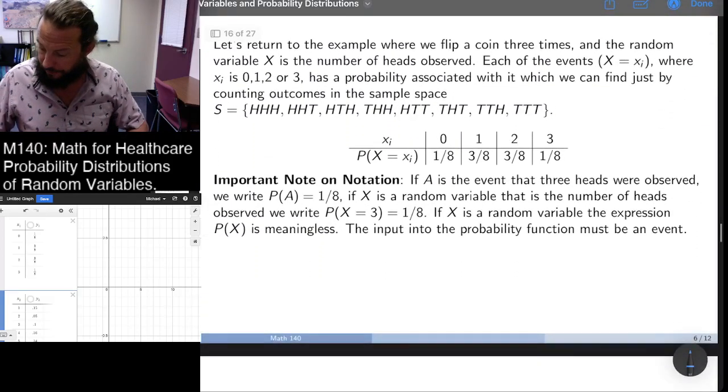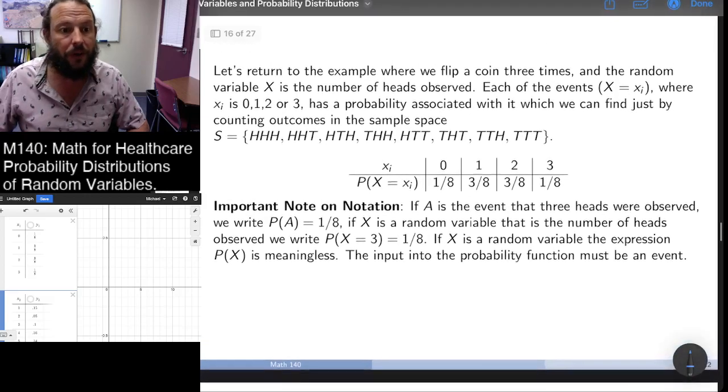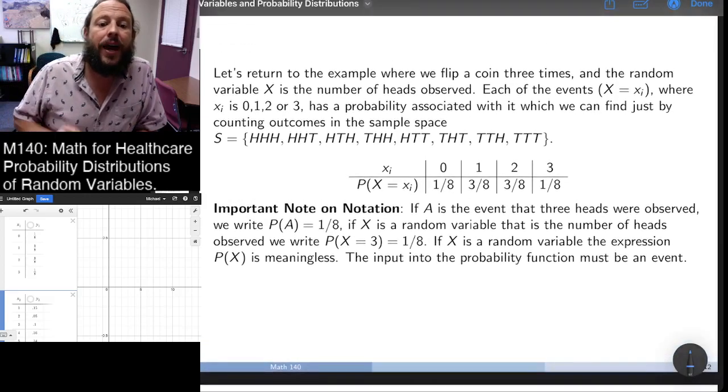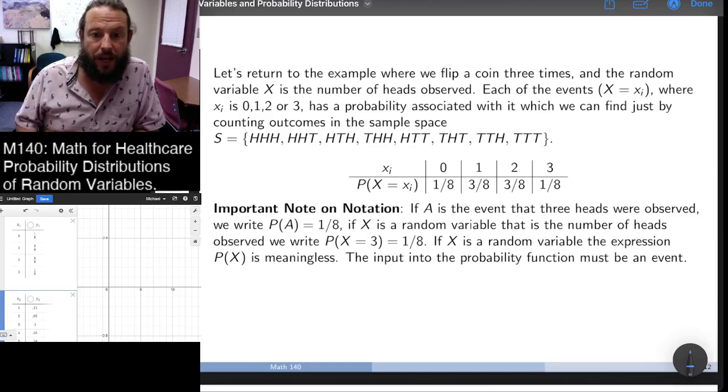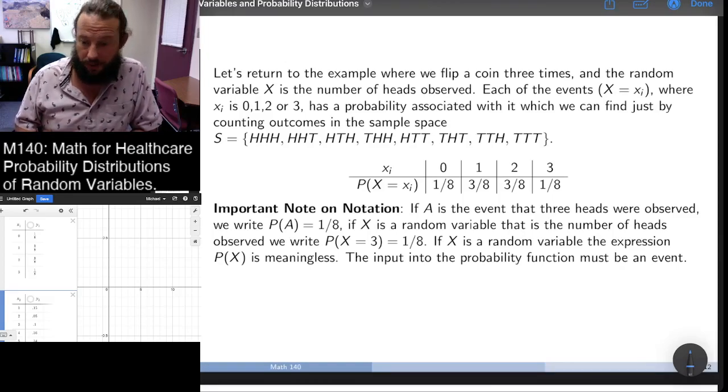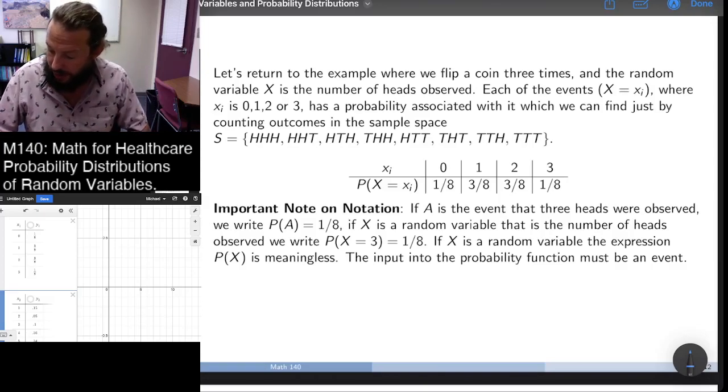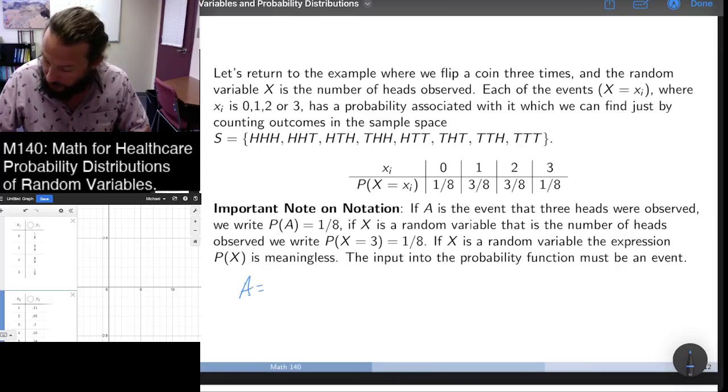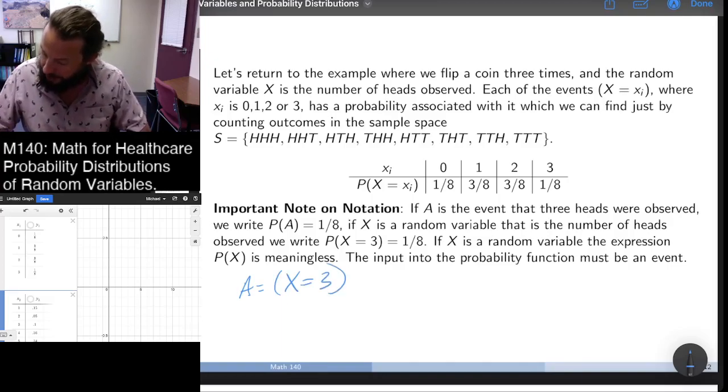Now, one thing to note here is, if A is the event that 3 heads were observed, we could write the probability of A equals 1/8. And really, the event A, the event that we get 3 heads observed, is the event X equal to 3.